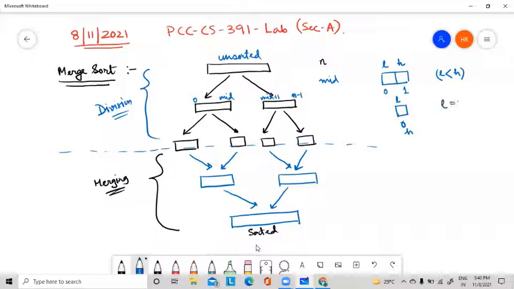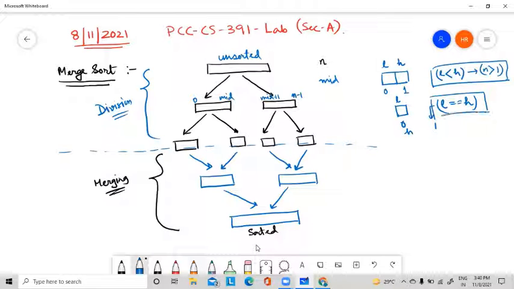So when L equals H, you can say that this is a single element. If L is less than H, then you can say that the number of elements is more than one. If it is satisfying this one, then you have to divide. If it is satisfying the other, you have to stop.